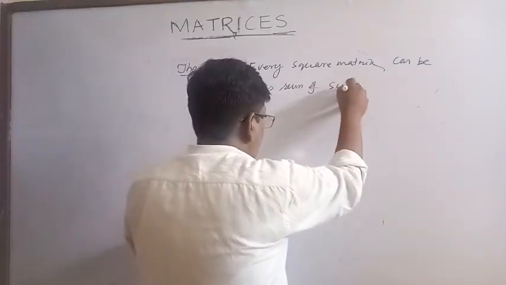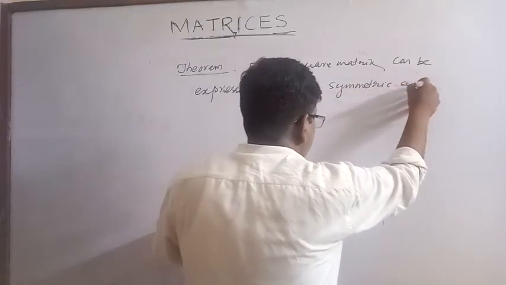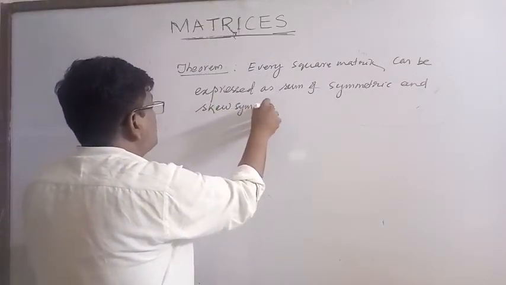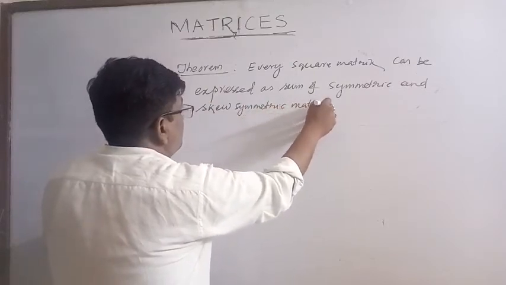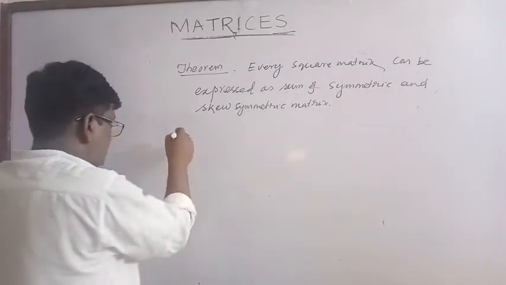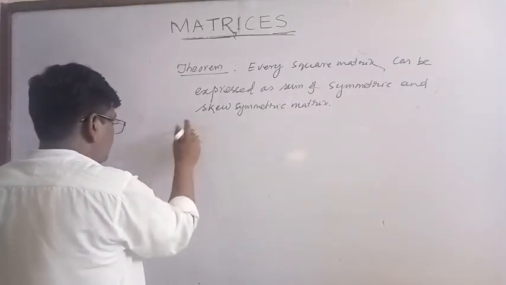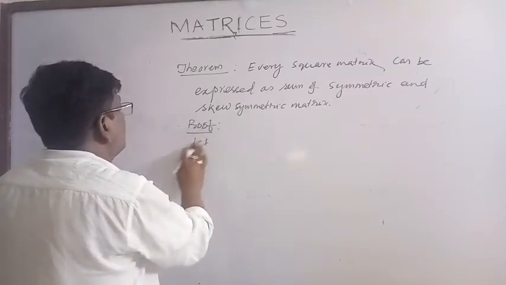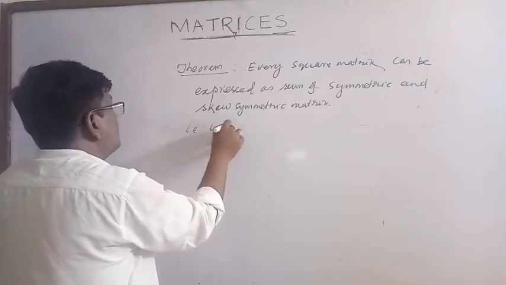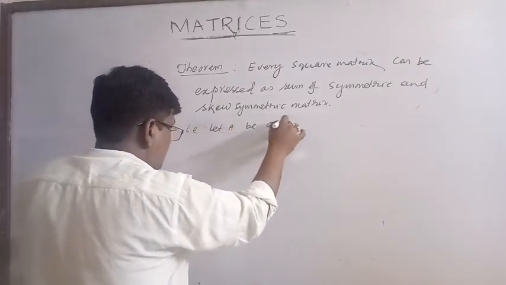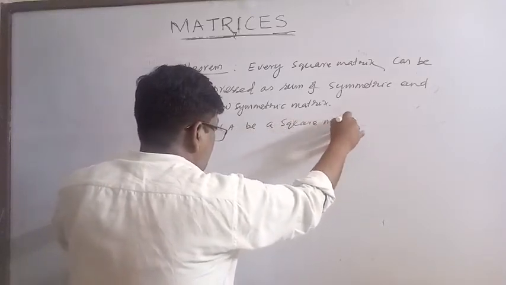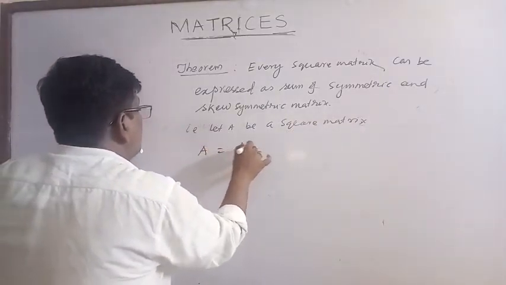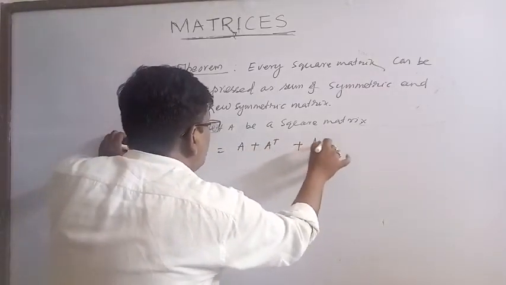Let A be a square matrix, and this can be written as A is equal to half of (A plus A transpose) plus half of (A minus A transpose).